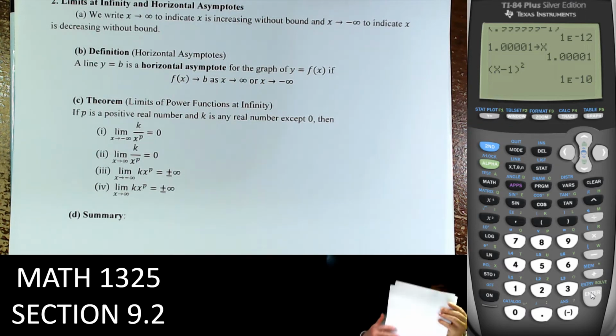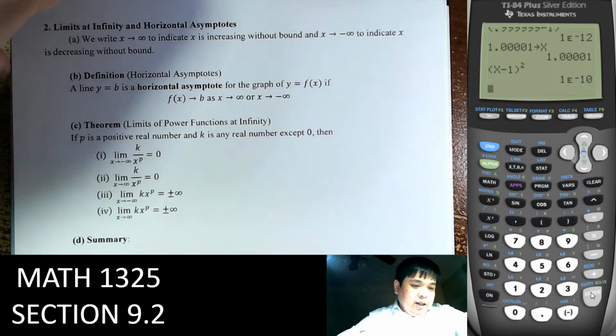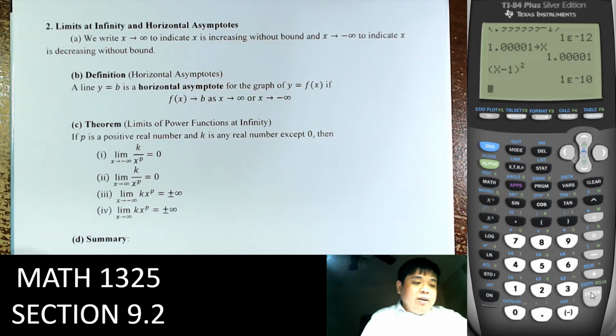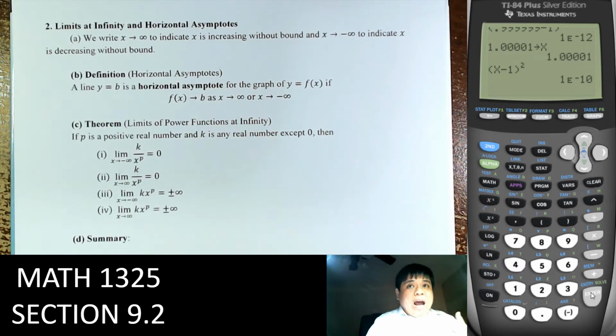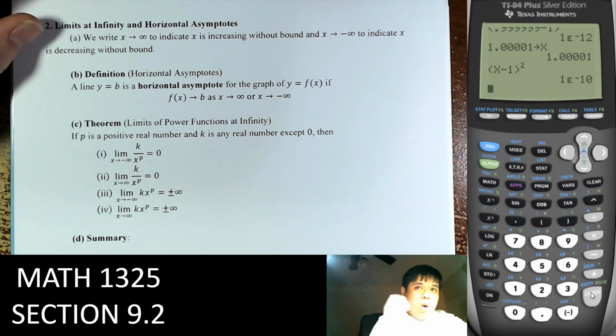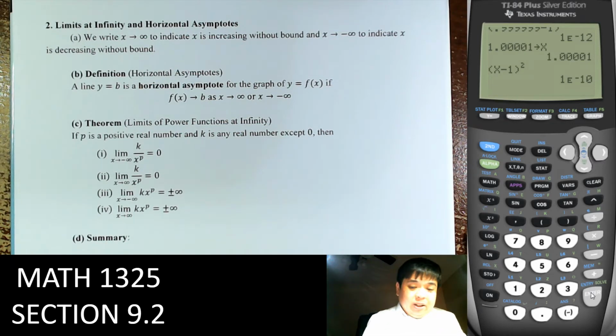Now we go to the second part of the section, limits at infinity. So that is what happens to the function when x goes to infinity. The first part is the infinite limit where the function goes to infinity, the y value goes to infinity. This is where the x goes to infinity.